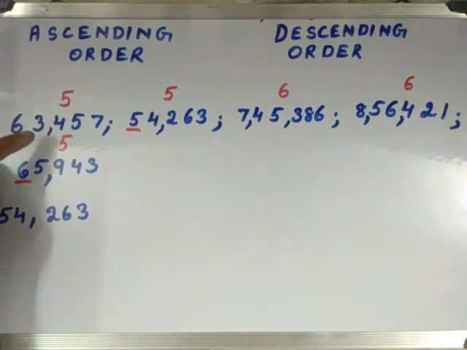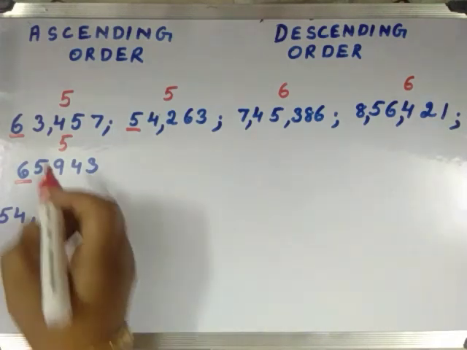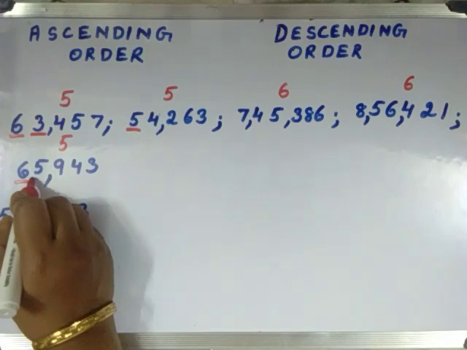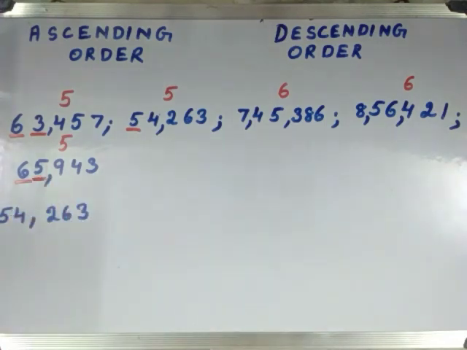Next we have 2 more 5-digit numbers. Among these 2 numbers, we have already seen the first digit is 6. That means they are equal. So we compare the second digit of the numbers. The second digit is 3 here and the second digit is 5 here. So what shall we do?